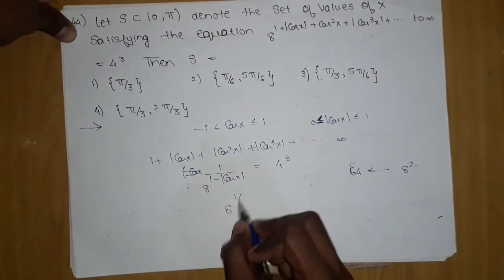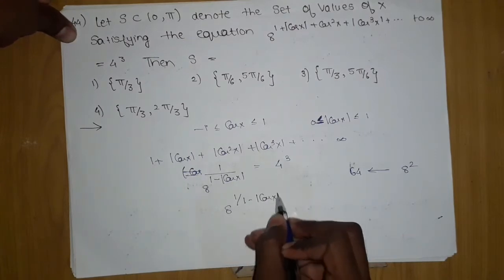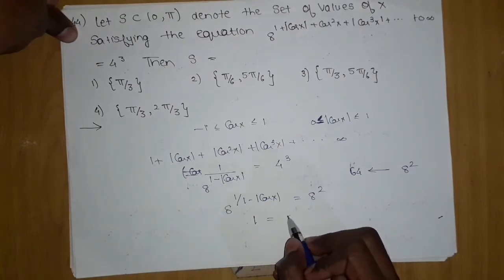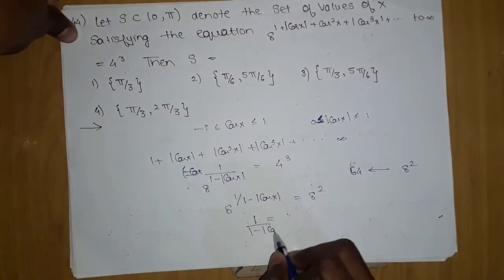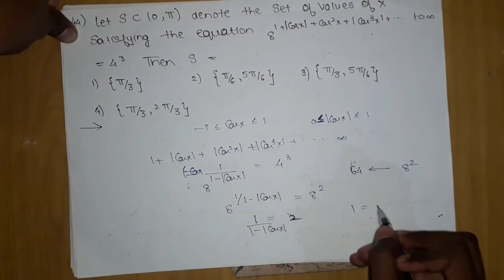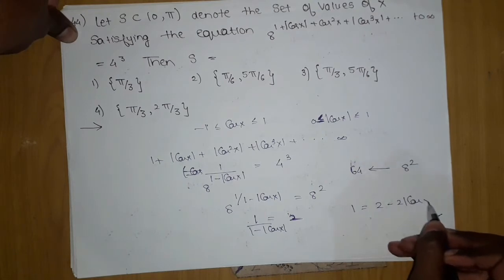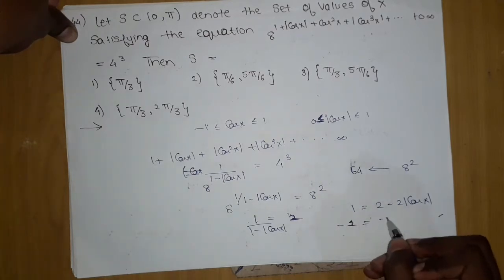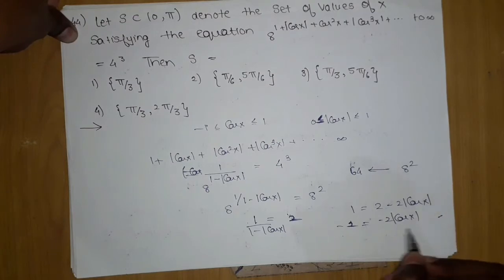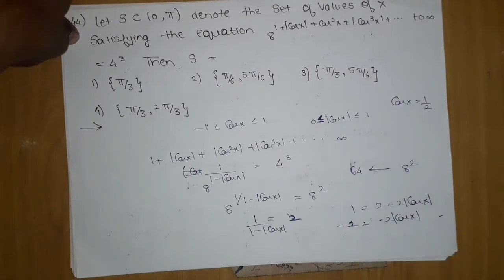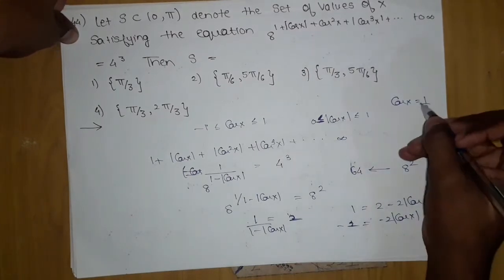So 8 power 1 by 1 minus mod cos x should be 8 power 2, which gives 1 upon 1 minus mod cos x should be equal to 2, which gives 1 equals 2 minus 2 mod cos x, which gives 2 mod cos x equals 1, so cos x equals 1 by 2, when I remove the mod.